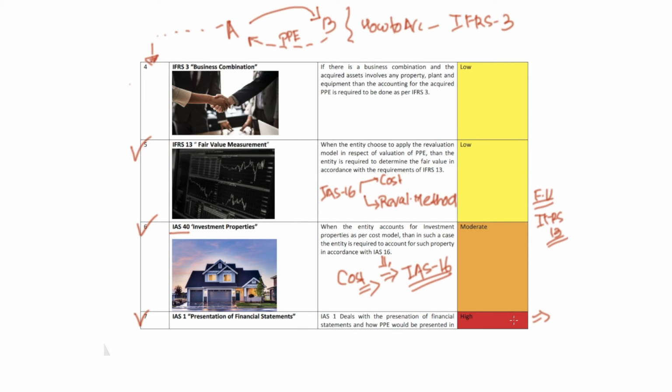It specifies how we need to present property, plant, and equipment in the books of accounts, whether we need to classify property, plant, and equipment as current assets or in the non-current asset section. So all the details regarding the presentation in the financial statements in respect of property, plant, and equipment are governed by IAS 1. And that's why it's really important to have a good knowledge of IAS 1 to get a good grip over IAS 16 as well.